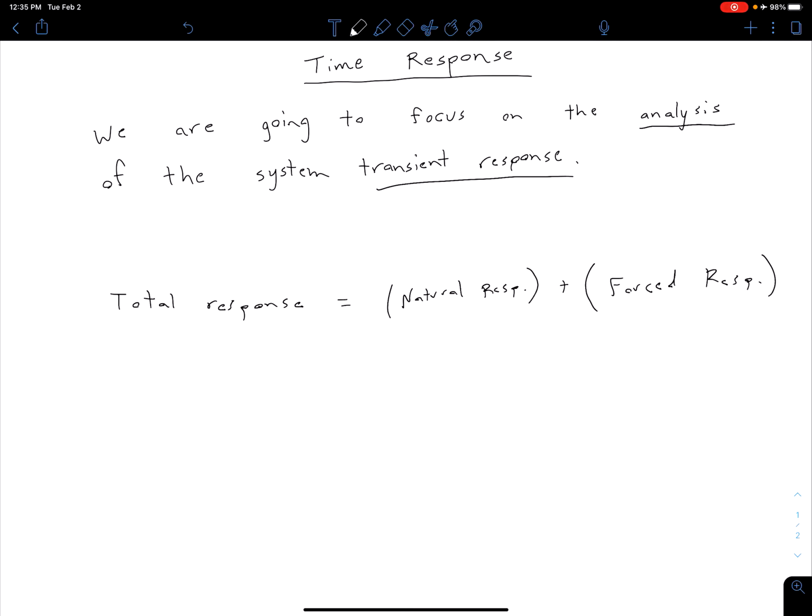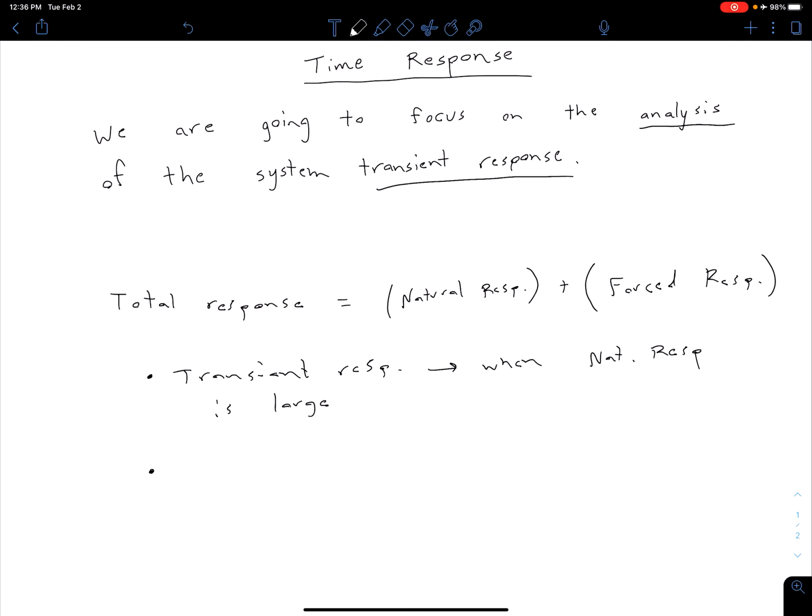This is sort of a terminology thing, but it turns out that our transient response is this total response when our natural response is large. So transient response is when our natural response is large.